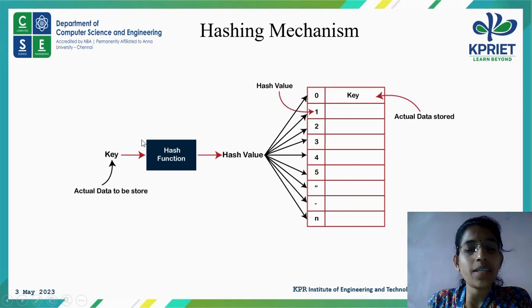It performs some hashing function, and finally it returns some integer value. The integer value ranges from 0 to n, where n represents the size of the table. If the hash value equals 4, my original data is stored at the 4th place. If my hash value is 0, my original key value is stored at the 0th place. This is a simple hashing mechanism.